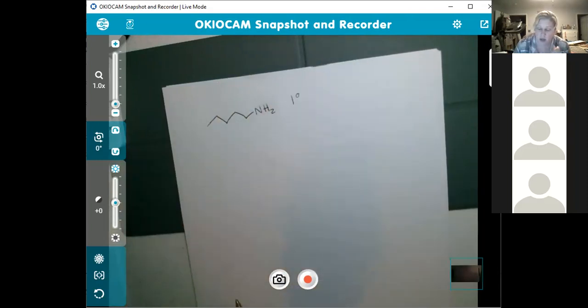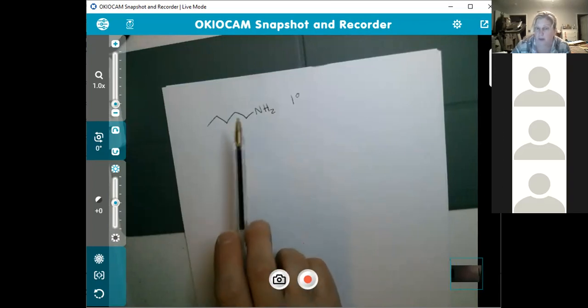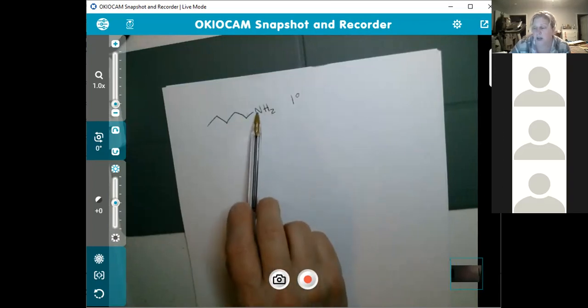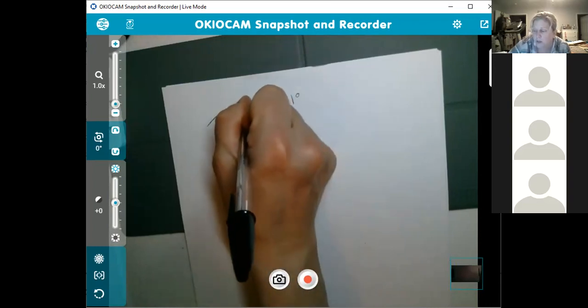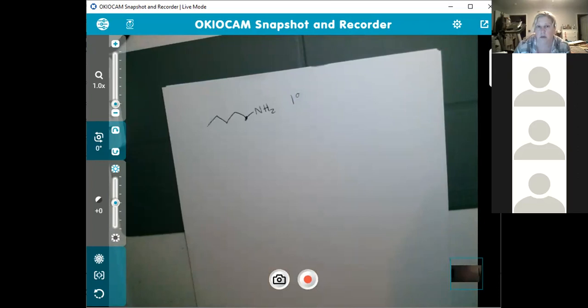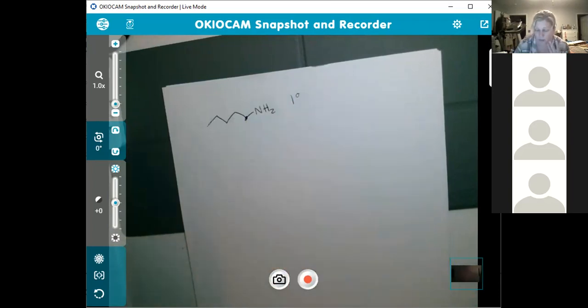When we're looking at primary amines, it's a little different than when we were doing primary alcohols. Or secondary or tertiary. We are looking at how many carbons are connected right to the nitrogen. Whoever wrote these rules did it a little bit backwards. This is not how it works with alcohols.